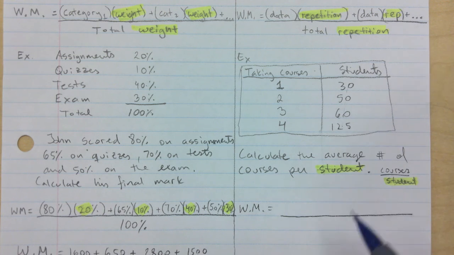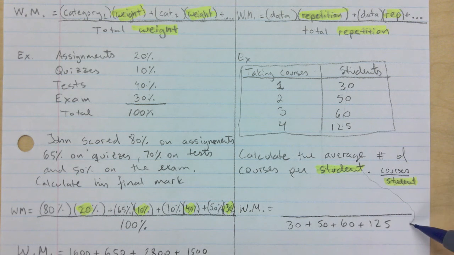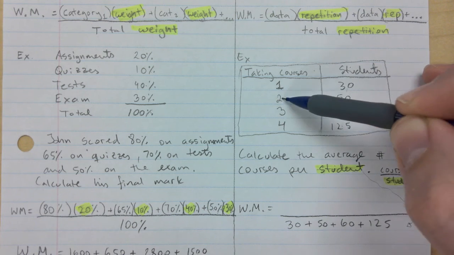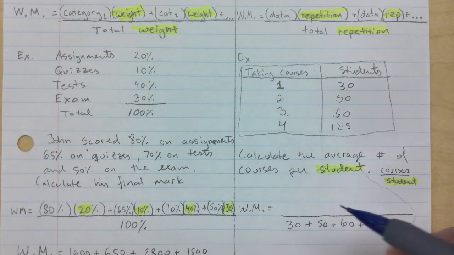We're gonna write these down first. So go 30 plus 50 plus 60 plus 125. That's gonna be the total number of repetitions that we're dealing with. Okay, so students go down there. And now we're going to worry about the rest. Now it's basically multiplying these two. Multiply this times this, this times this, this times this, and so forth.